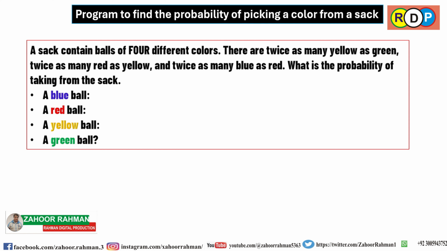What is probability? Probability means chance. One is possibility, that is 100%, and one is called probability, that is the chance. For example, let me give you an example from cricket. If 7 runs are required to win the match from one ball, it is improbable but not impossible.